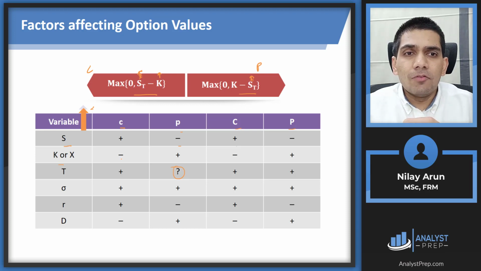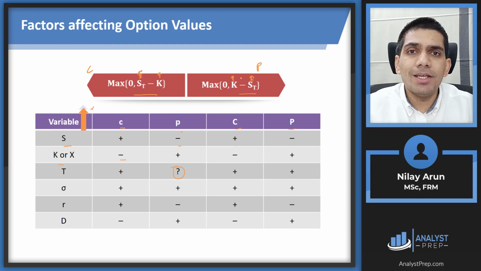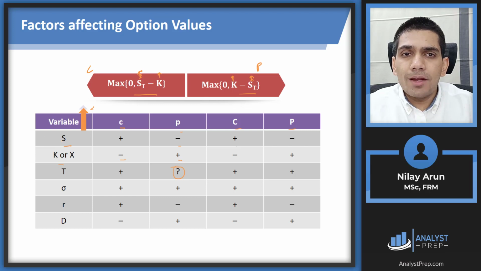That means the value is actually decreasing. Same thing here. If we were to increase K for a put option, you can see the spread is now actually increasing because K has a positive. So here that will be positive. So the stock price and the exercise price are going to have an opposite impact. For a call option, S was having a positive impact, whereas K is going to have a negative impact.